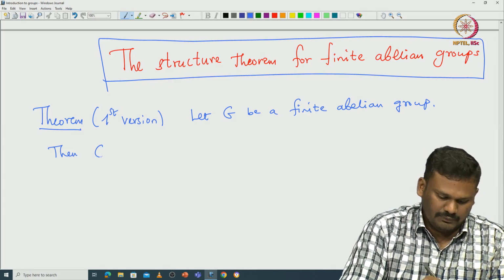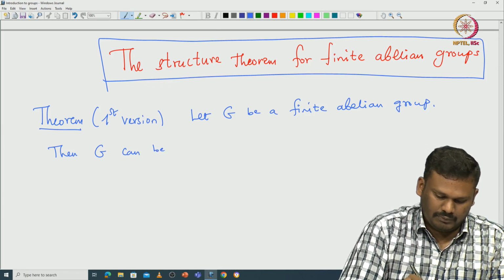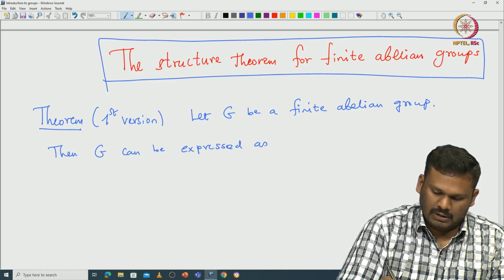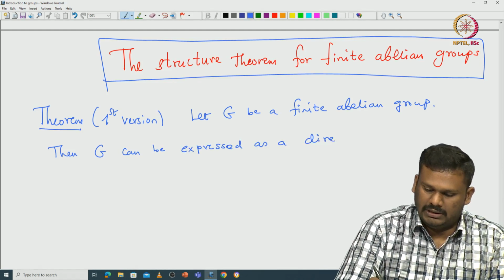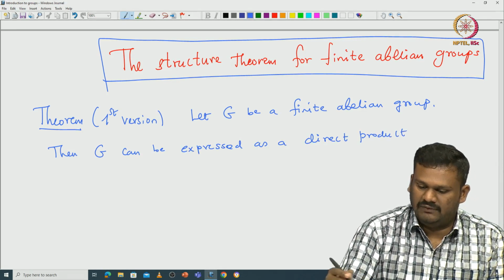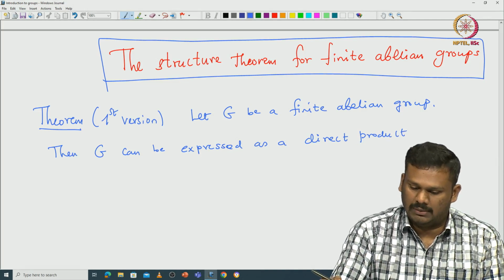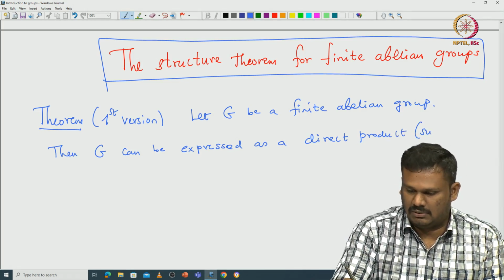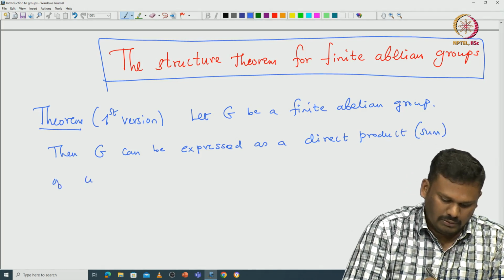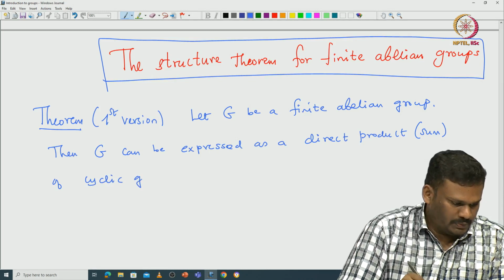So G can be expressed as a direct product. When you deal with abelian groups, you call it a direct sum as well, or direct sum of cyclic groups.